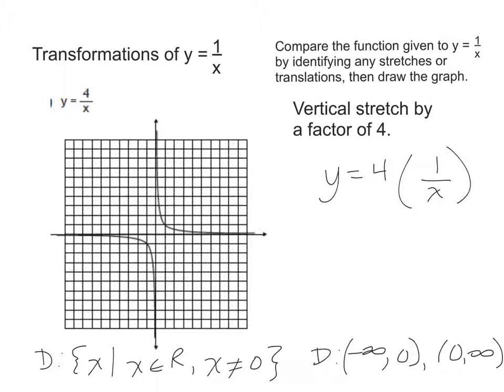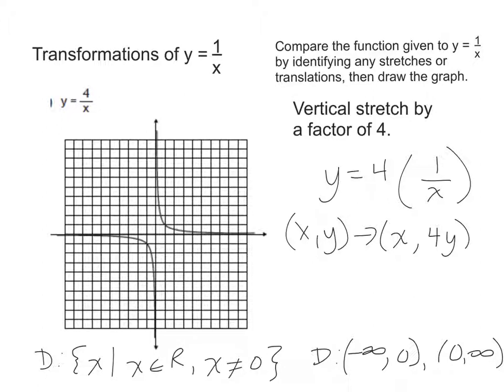So then if we were going to try to graph it, a mapping rule would be (x, y) maps to (x, 4y). And then we could look at some actual points. So there's a point at (1, 1) here. Where would that transform to? (1, 4)?